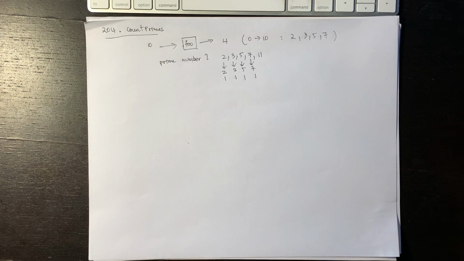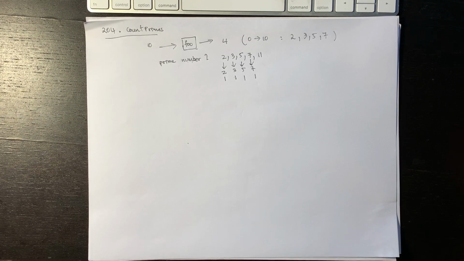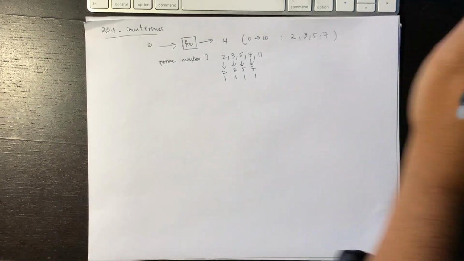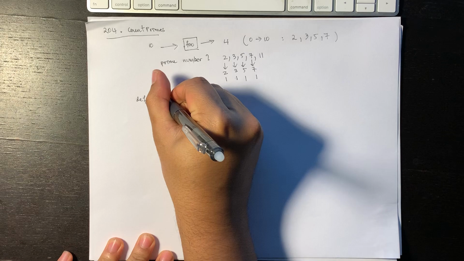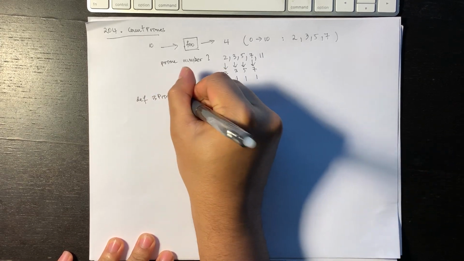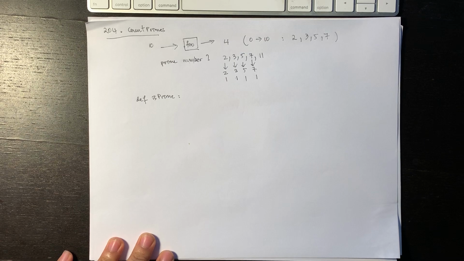I have some idea on how to do it, but it might not be the most efficient. And according to LeetCode, they didn't specify the range of input. I think the strategy is to write a function called is_prime, but it's going to be slow.